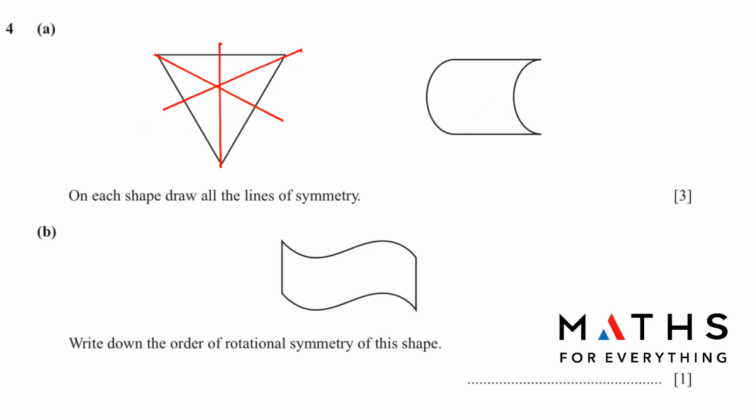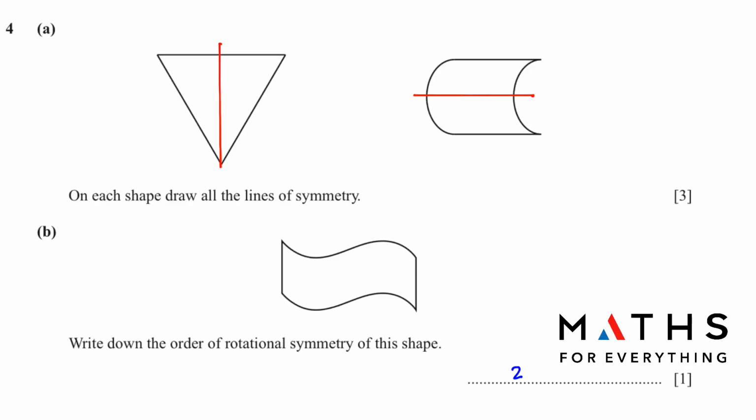The second, you have a shape like this. You can only have 1 line of symmetry in the middle, like this. Part B, write down the order of rotational symmetry of this shape. You can see these 2 lines are same. So you will have rotational symmetry of 2.